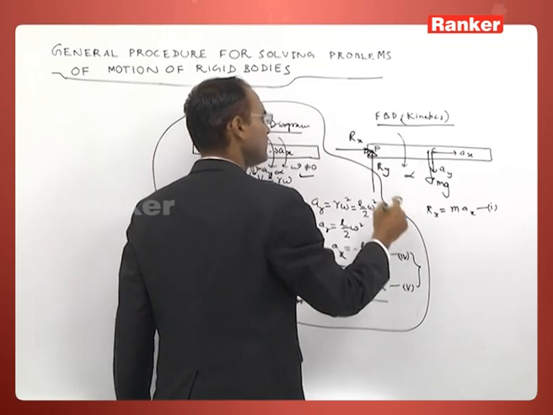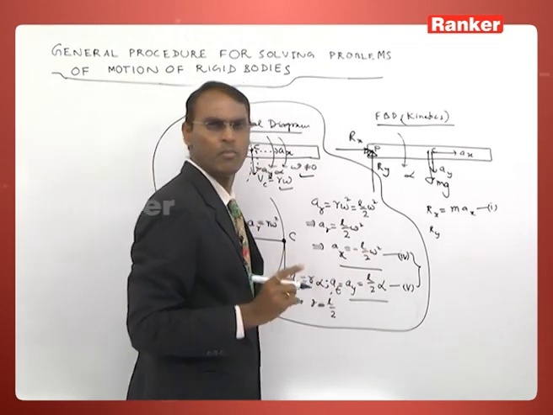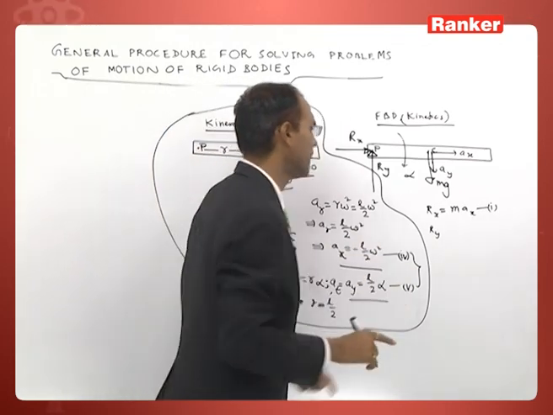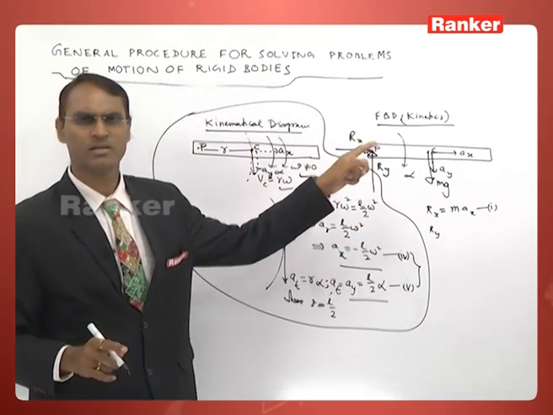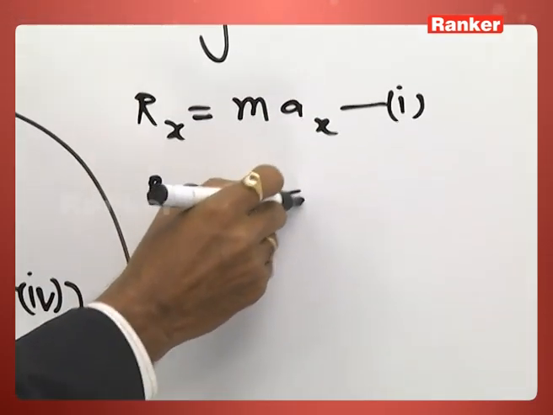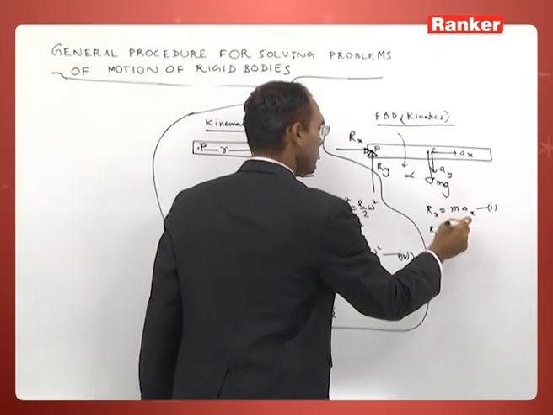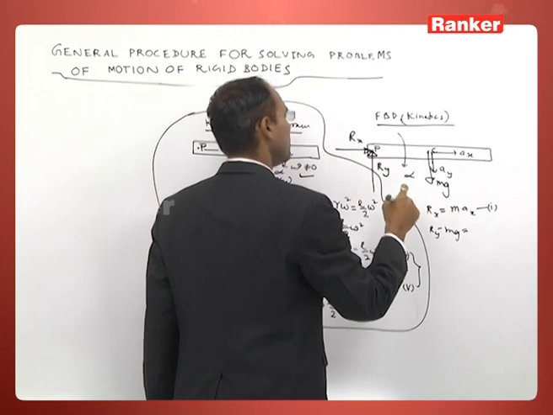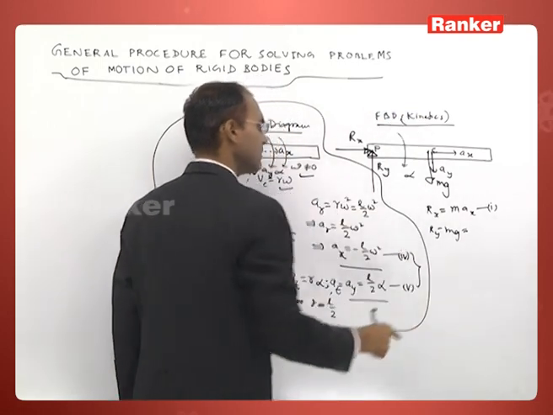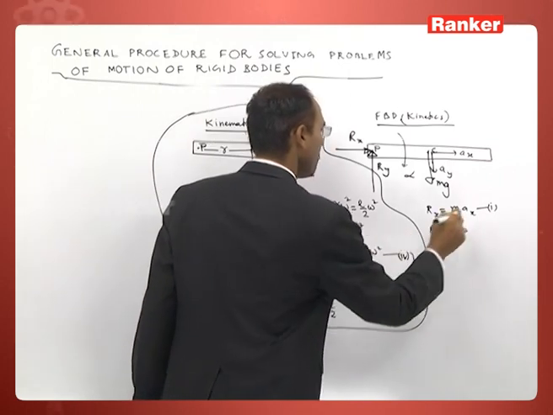Along y direction, Ry is up, that is positive, and mg is down, that is negative, is equal to acceleration we have taken down. If up is positive, down is negative. Or if you do not like this concept, you just follow vectorially.